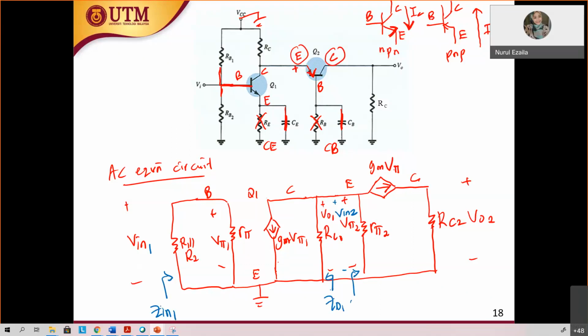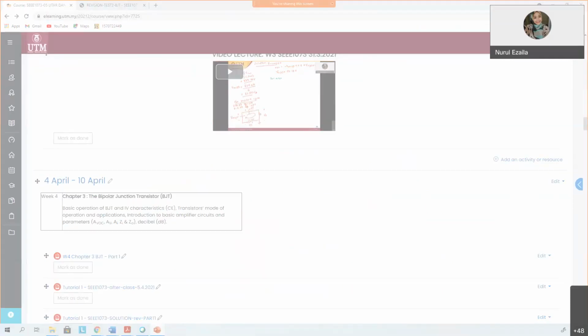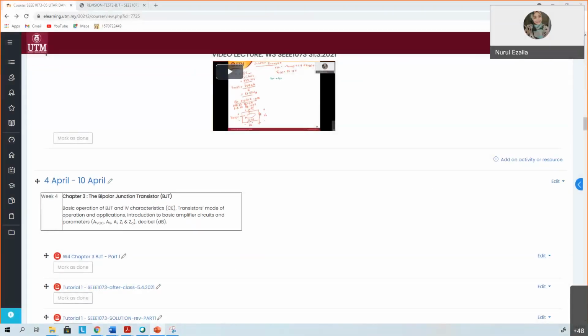This is your Z in 2 and this is Z out 2. Very clear? Yes, sir. Great. Now a little bit more on the derivation of the voltage gain before we finish our class today.